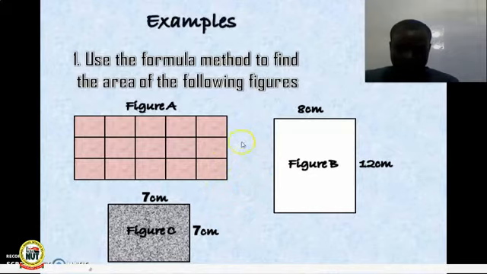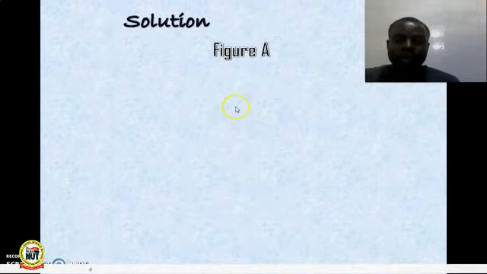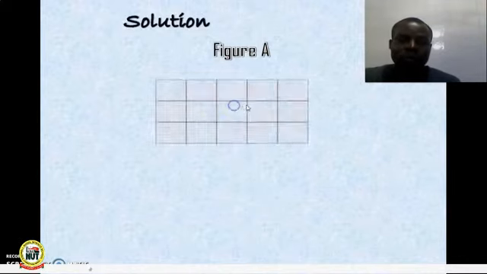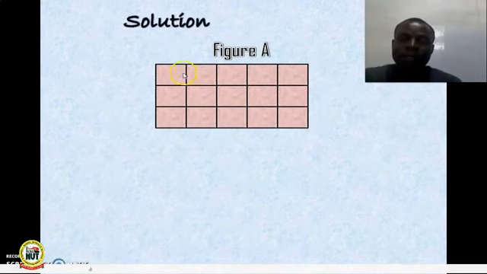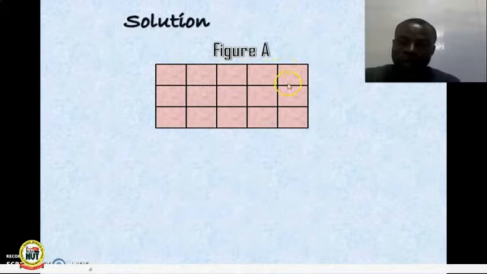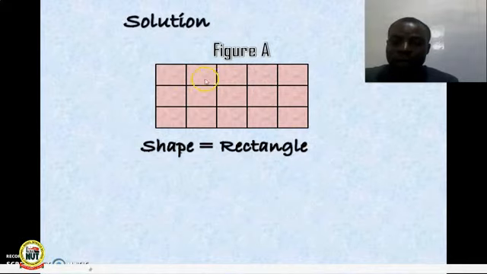So quickly, let's move to figure A. Under figure A, this is what we have. Figure A is this. So what we are going to do now is to count the length of this figure A. And we are going to count the breadth of figure A also. By the time you count the length of this figure A, remember the shape of this figure is what?